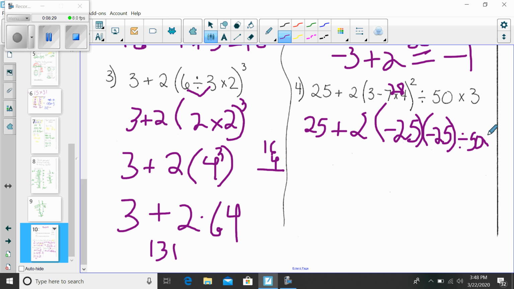Times 3. Okay, so I have multiplying and dividing all in this line. All right, I'm going to go left to right. The addition here is going to come last. So let's see, 2 times 25 is -50. -50 times 25, I could do it that way, or I could do 25 times 25 is 625.